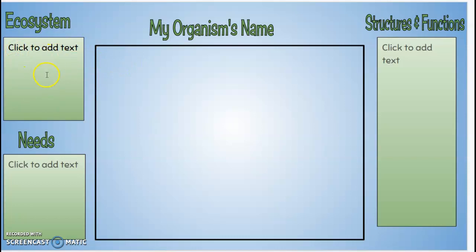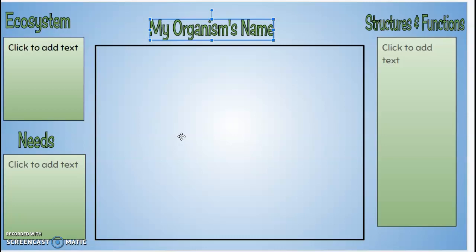So, name the ecosystem. Would it be in a desert? Would it be in the Arctic? Would it be in a city? Where would it be? Put your organism's name, just redo that and put it right there. What does it need? What are the structures and functions? And then a diagram. You can draw it digitally on here, or you can insert a picture that you've drawn yourself.